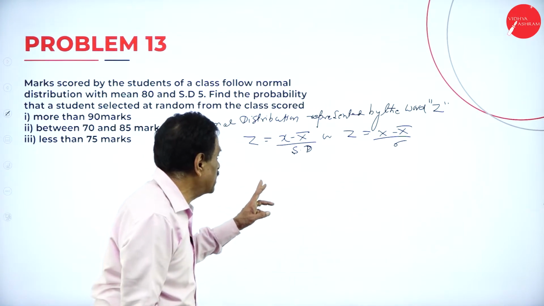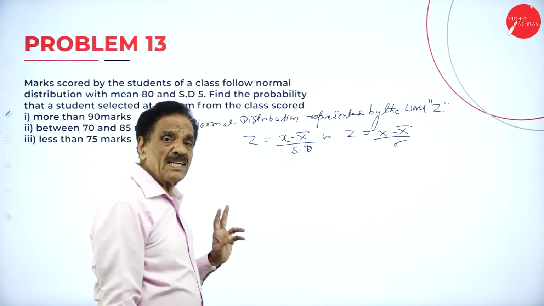What is the formula? X minus X mean divided by standard deviation.